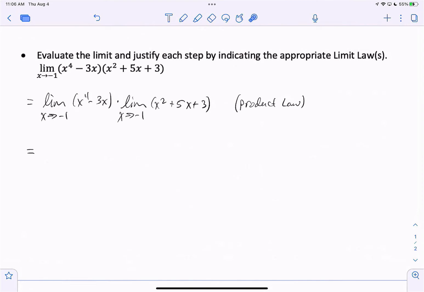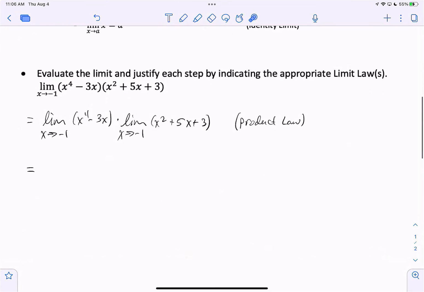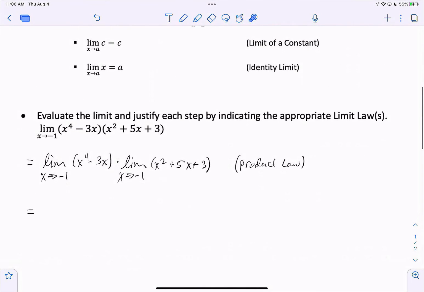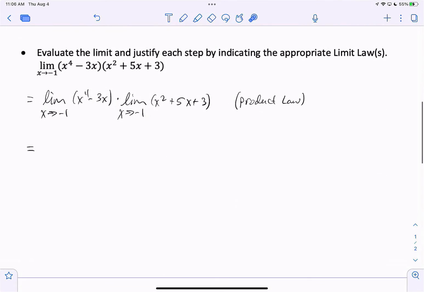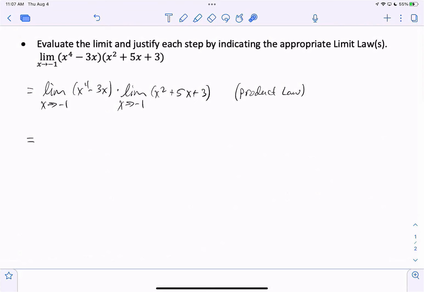Eventually I'd like to get it to the point where I can just apply the limit of a constant and the identity limit. In order to do that, we'll just keep applying the limit to like terms and move on from there.